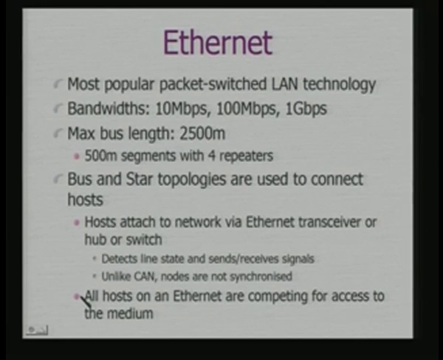This is the basic difference of Ethernet with respect to CAN or even other buses like I2C. Therefore, all hosts on an Ethernet are competing for access to the medium. So, this is a basic conflict scenario which needs to be taken care of.